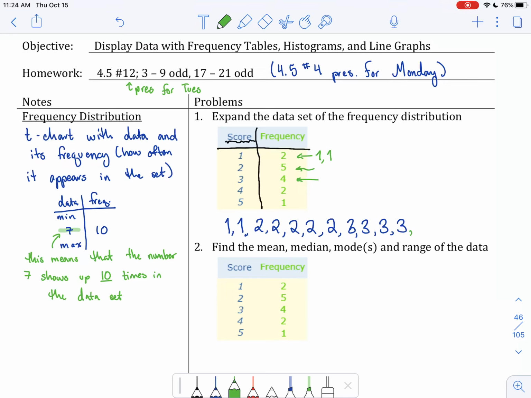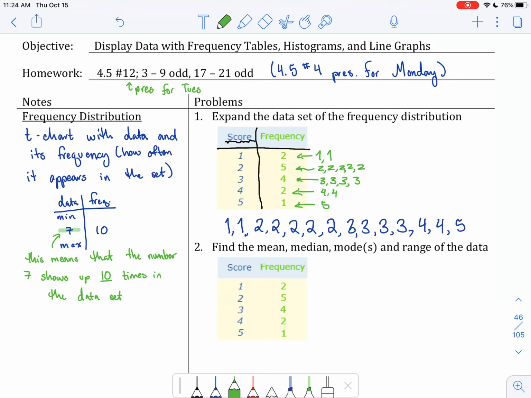I have 2 4s, and I have 1 5. If it makes it easier to write it out like this, this would be 2, 2, 2, 2, 2, 3, 3, 3, 3, 4, 4, and a 5, and then we can just put them all in one long list like we see at the bottom.